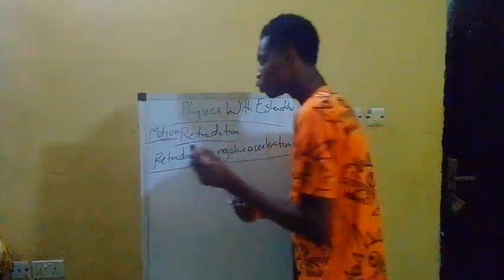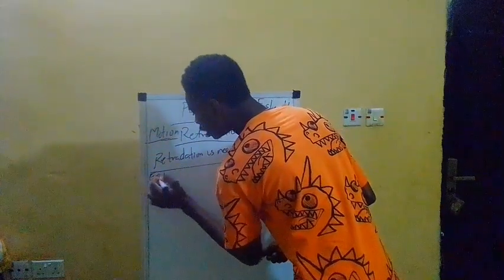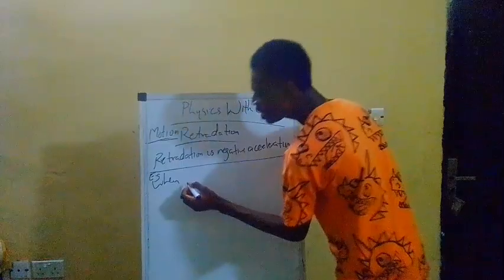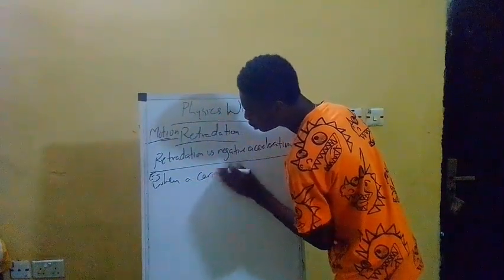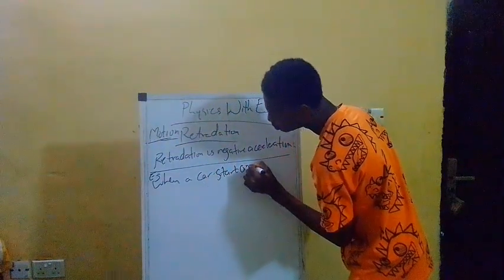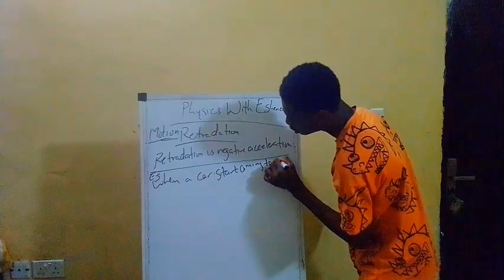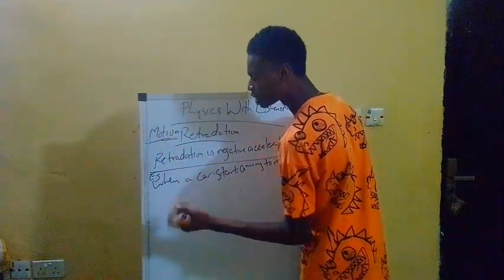Are you getting me now? An example of retardation is when a car starts coming to rest. That is when the acceleration starts reducing.